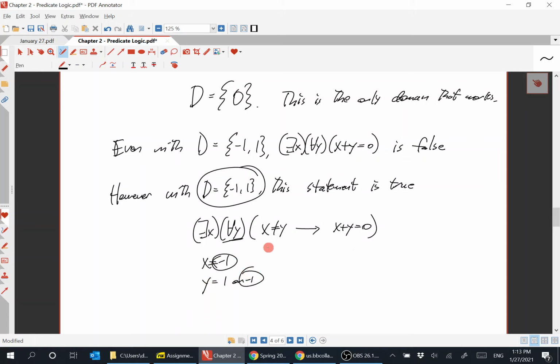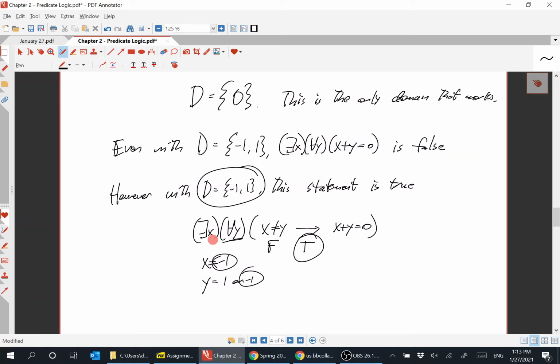The other possibility is x equal to -1 and y equal to -1. Is x not equal to y? No. False. So the implication is true, because the hypothesis is false. Yes. The vacuous statement, despite being somewhat meaningless, is still important.